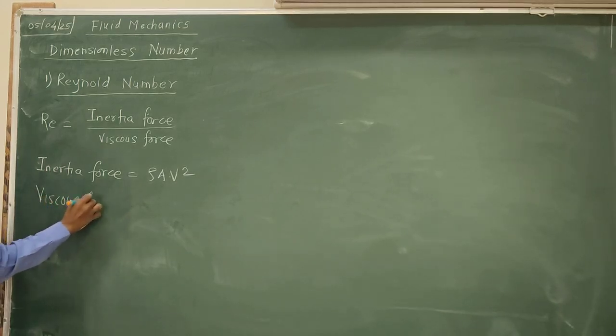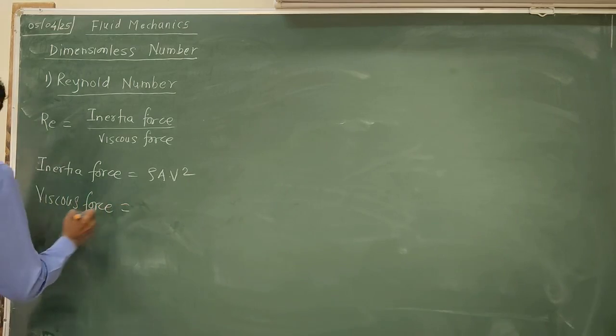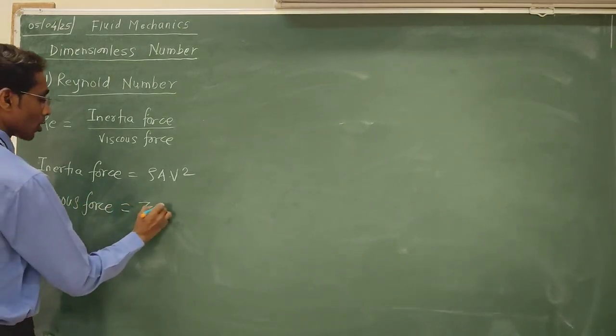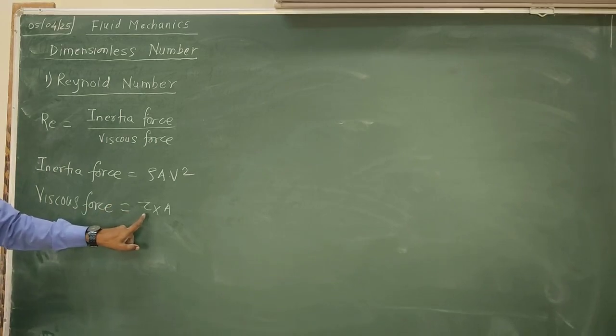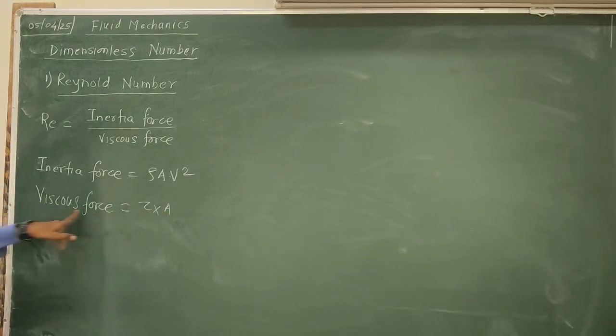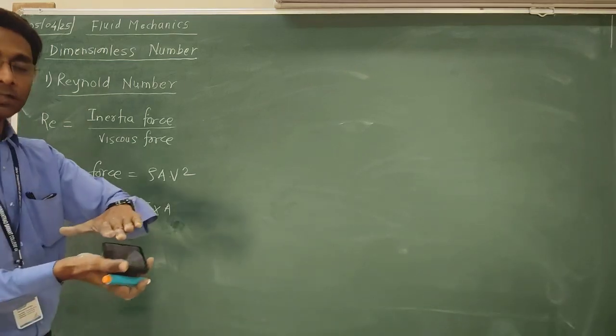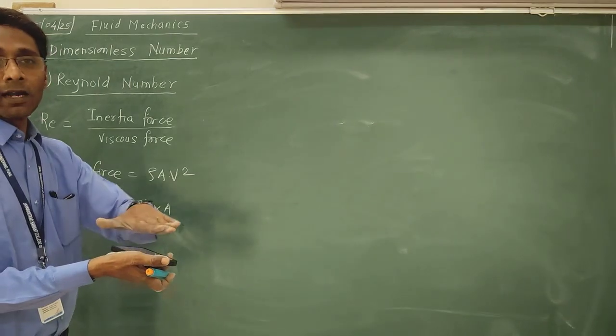Next, the viscous force. How do we write it? We know Newton's law of viscosity: tau is equal to mu du upon dy, where tau is the shear stress. Shear stress into area is the shear force. Viscous force is a shear force, the force acting in a parallel fashion.